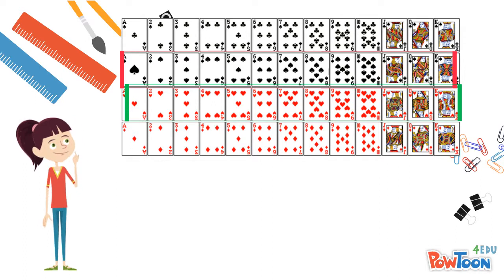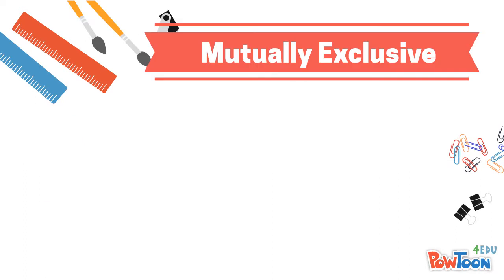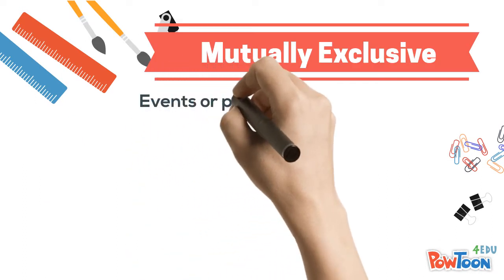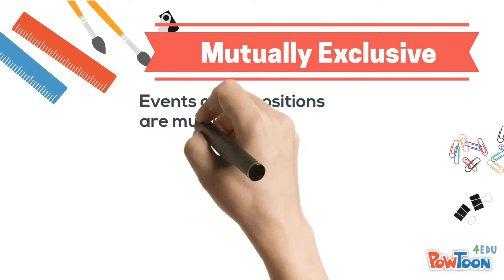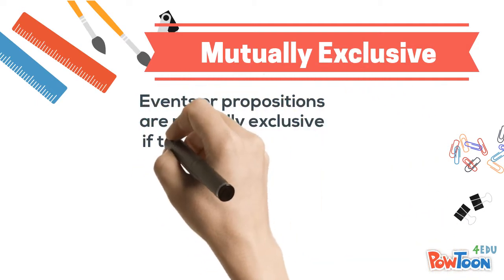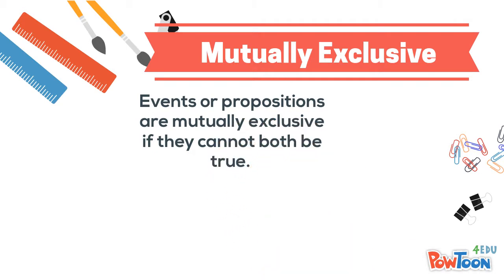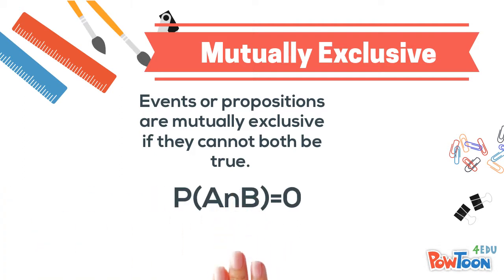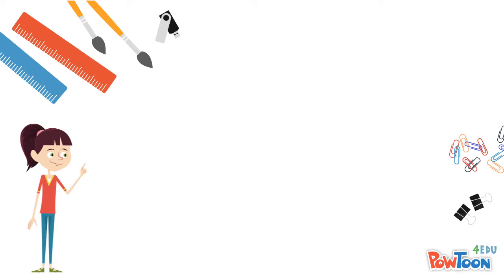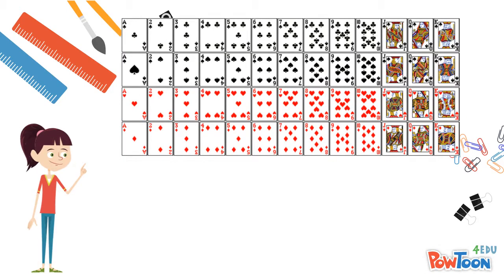How do we know that, you may ask? Events or propositions are mutually exclusive if they cannot both be true. Additionally, you can check events are mutually exclusive using the following formula: probability of A intersection B is equal to 0. Using what we have just learned about mutual exclusivity, let's investigate.